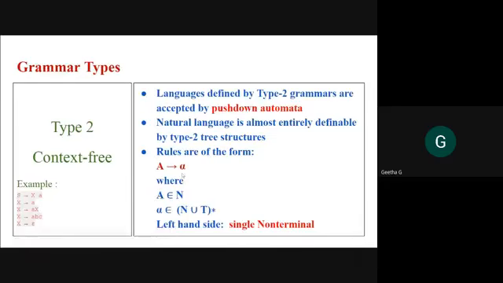This is type 2 and very important for your syllabus. The language generated by context-free grammar is a context-free language, and the machine accepting it is a push-down automaton. Is that clear? Type 2 grammar.